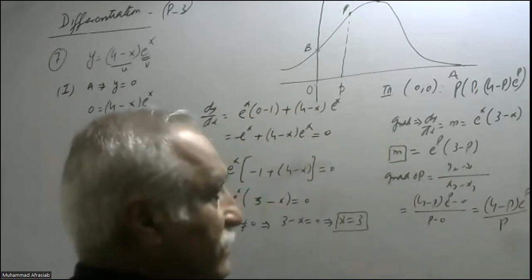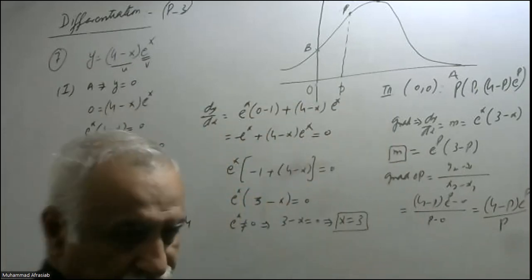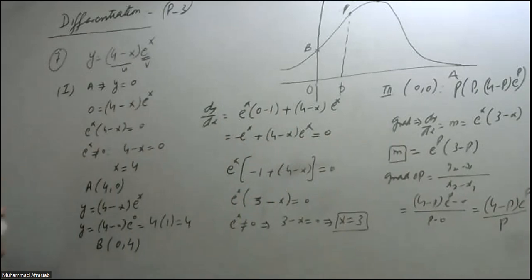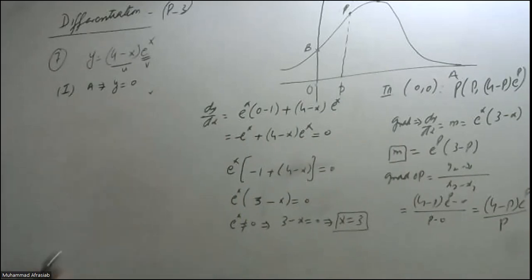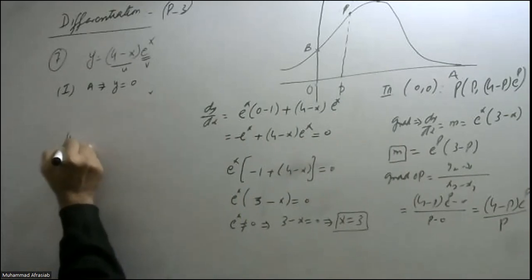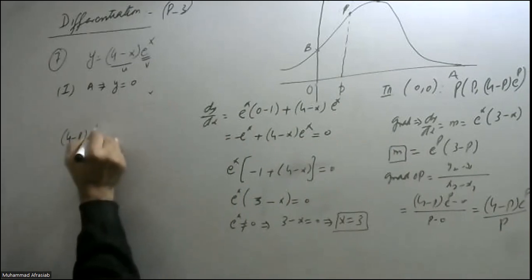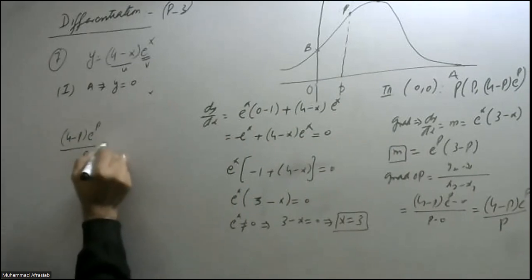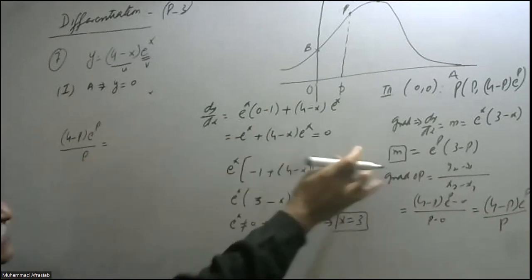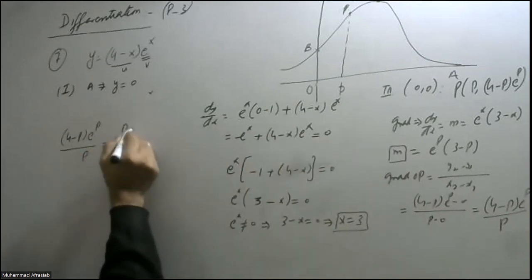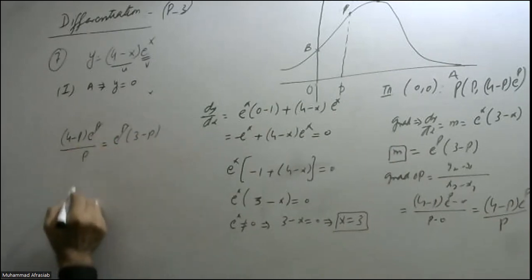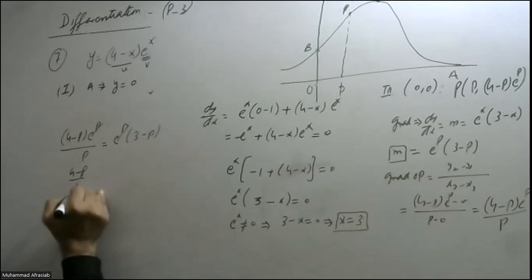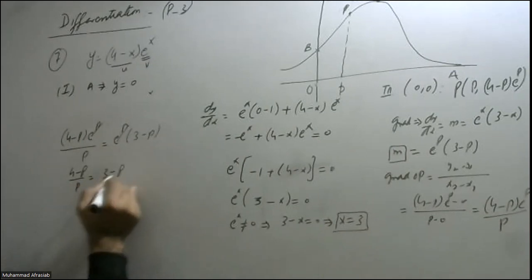Because these two gradients are the same, (4 minus p) e power p over p should be equal to the gradient of the curve, e power p into (3 minus p). e power p and e power p cancel out. So (4 minus p) over p is equal to 3 minus p.